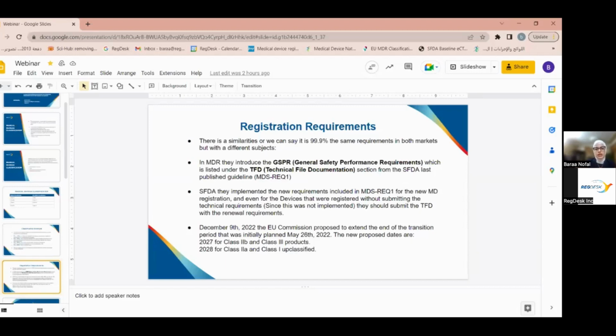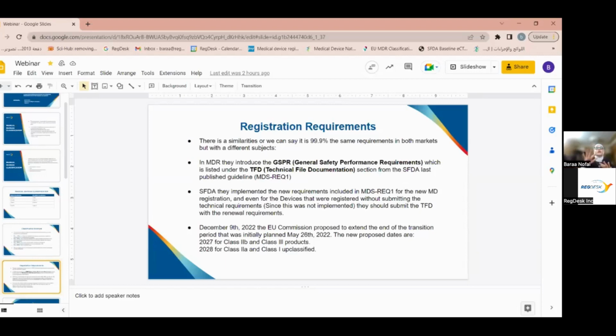So here in the registration requirements, I wrote down that there is a similarity, maybe 99.9%. I'm pretty sure to say it is identical 100%, but we need to say 99.9%. They have the same requirements in both markets, but with different subjects.